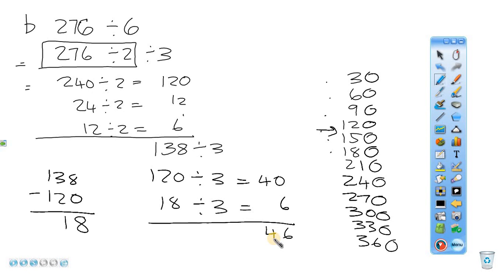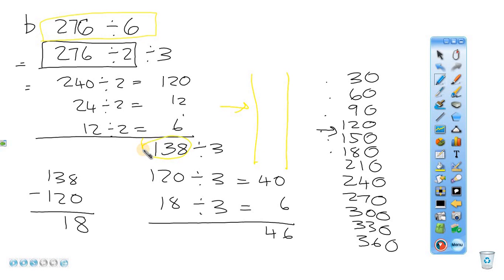I'm going to explain it one more time, just so that you can recap what we just said. I'm going to use a yellow pen to show. The original sum was 276 divided by 6. To make it easier, we first broke the 6 into our factors of 2 and 3. First you divide by 2, like you used the method yesterday where you write your 2 times tables first, then you put a 0 at the back, and then you find the closest number, until you don't have any remainders, and then we found our answer to be 138.